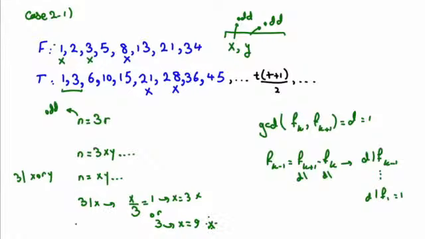If 3 divides y, then what can we conclude? If 3 divides y, y over 3 is also a divisor. And I want to say y over 3 is less than x. I want to say y is less than 3x. The reason is this: y is x plus z, and z is less than x.